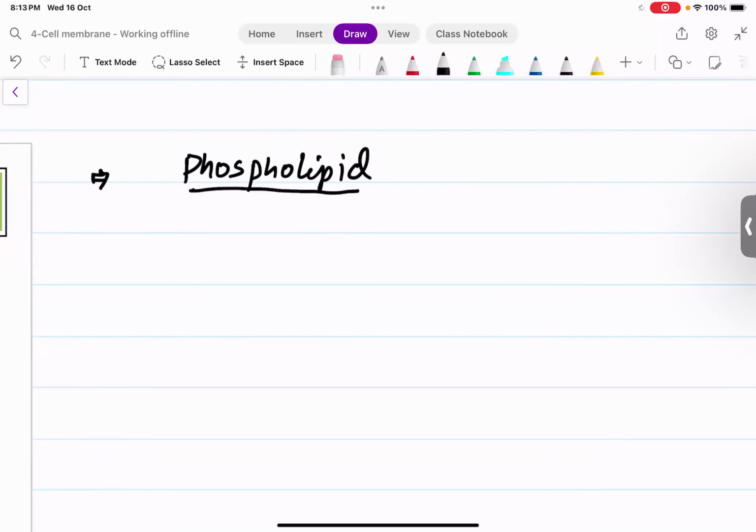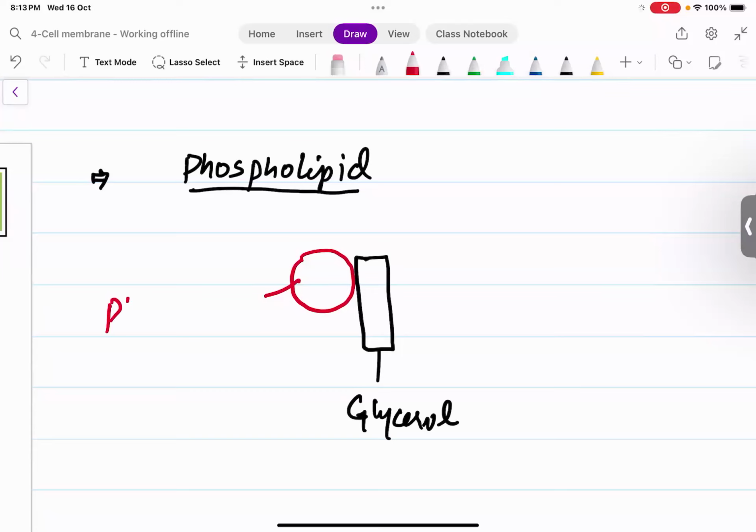It has a glycerol molecule that we can represent with this box. This is a glycerol molecule, and it has a phosphate group attached with it that we can draw here. This is the phosphate group. And we have two fatty acid tails attached with it that we can draw this way.